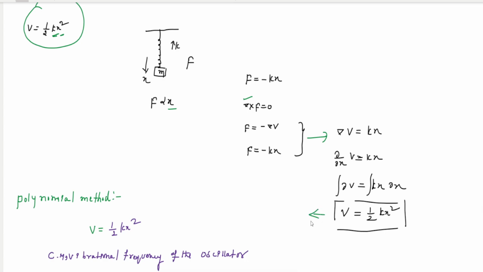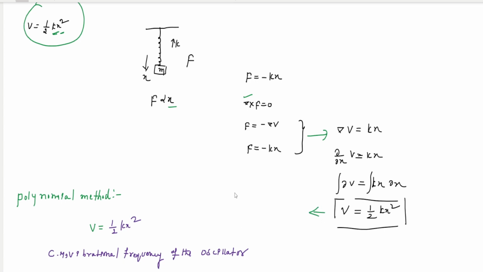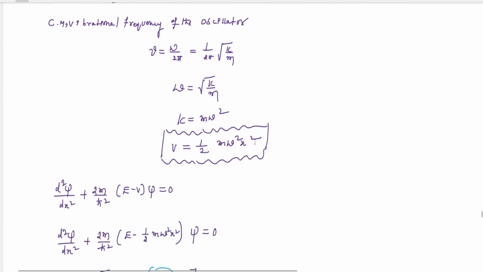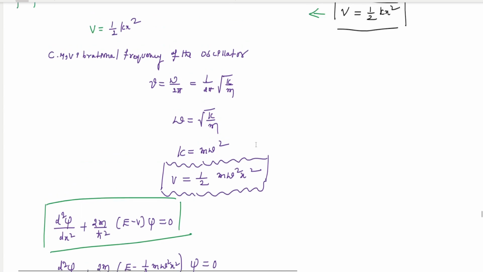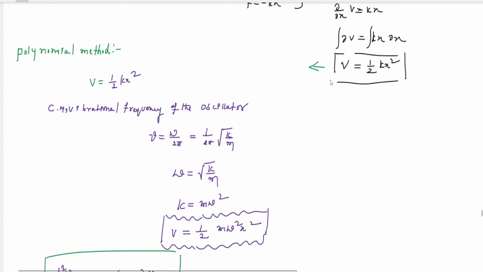So if we use this potential energy in the Schrodinger wave equation, this is the Schrodinger wave equation, right? I need to modify this k function in terms of classical form. See, the classical vibration frequency of a harmonic oscillator nu is equal to angular frequency divided by 2 pi, equal to 1 divided by 2 pi root of k divided by m.